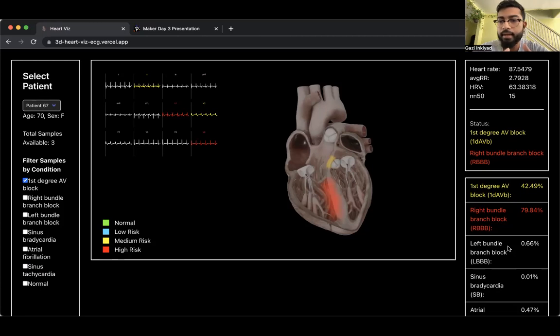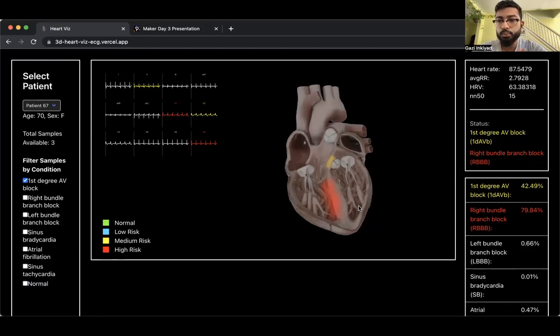If we can provide a tool like this, where they would be able to look into the ECG graph on the left side and map it to the right side, where you could visually see where the problems are arising from, and which electrodes of the ECG are giving that type of data, they could easily map it, which will add a lot of value to their education and learning experience.